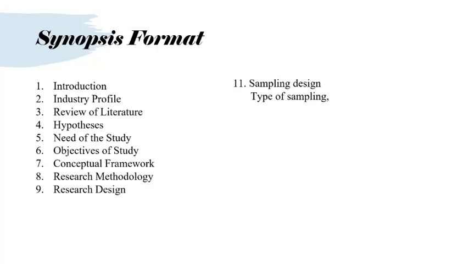So in all these points we have to always remember, whatever we are framing or whatever we are doing, we should be able to justify the correctness or the rightness of the selection of that particular thing. Then we should explain the sample frame. Sample frame is that particular area from where you are going to select your respondents.